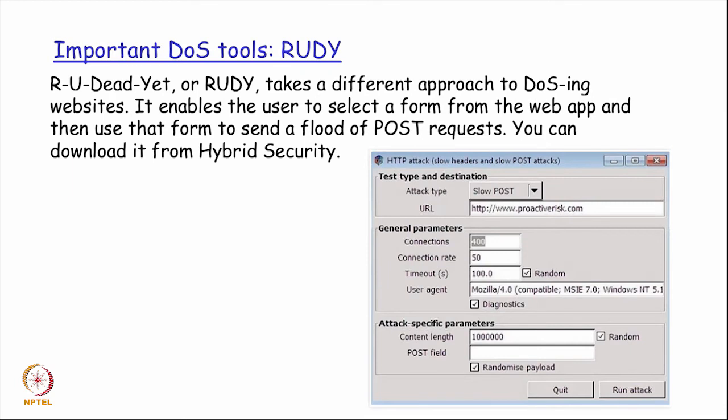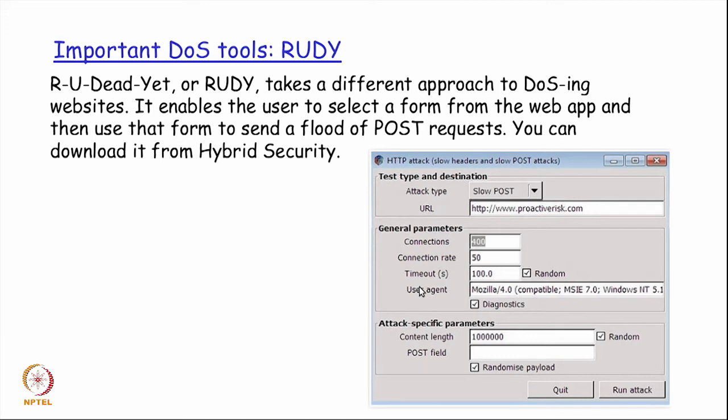Another tool is called RUDY, which stands for R-U-Dead-Yet. It takes a slightly different approach to doing a denial of service attack on websites. The way it works is that it enables a user to select a form from the web app and then use that form to send a flood of POST requests to that website.